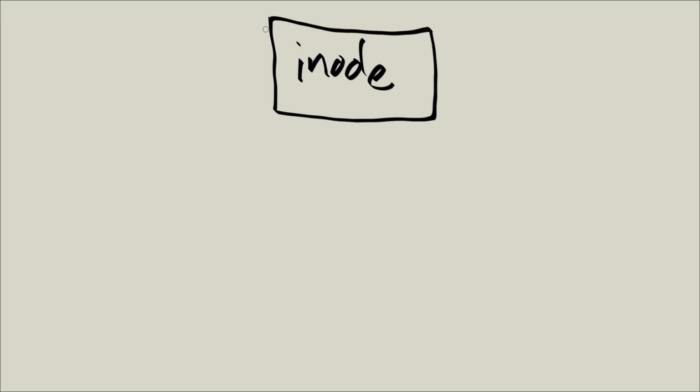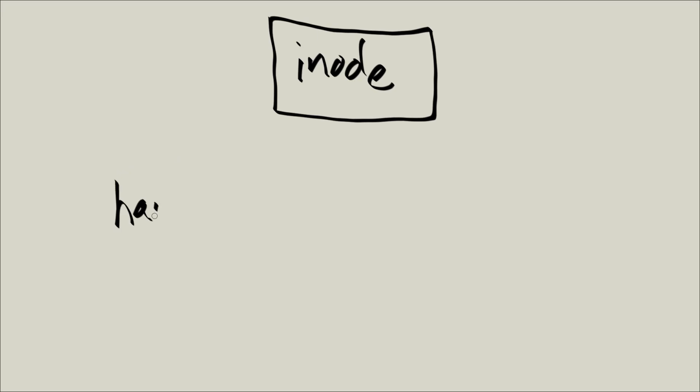Okay. So let me draw the situation we are currently having in our command line. So basically, we have an inode, which, again, as we said, represents the file's data structures and everything, basically the underlying file data. Okay.